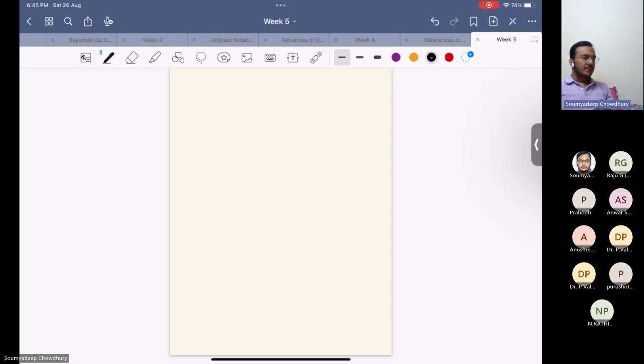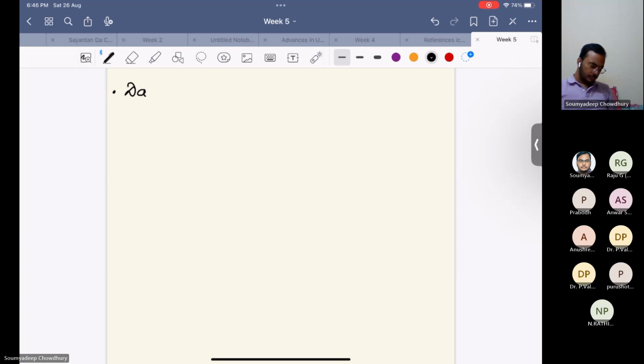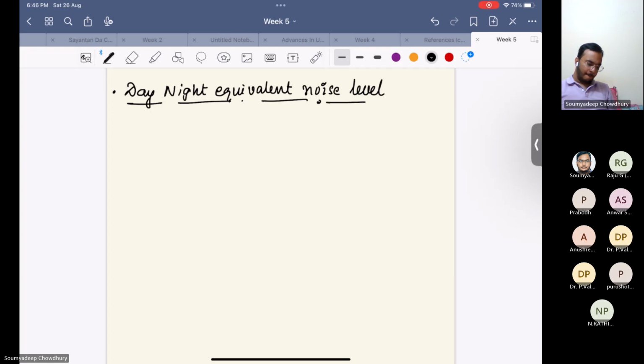The next thing is called the day-night equivalent noise level. We are doing these experiments both in the daytime as well as in the night time.